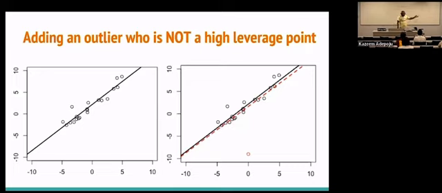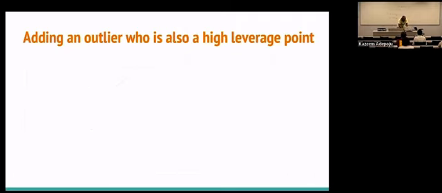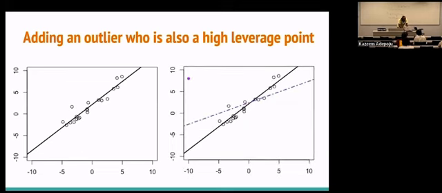So what I'm trying to say is that when there's an outlier or a high leverage point, we need to first detect it, and after detecting it, we have a way to investigate whether it could be detrimental to the model. Now I want to show you this. Oh my God, this is a double tragedy.